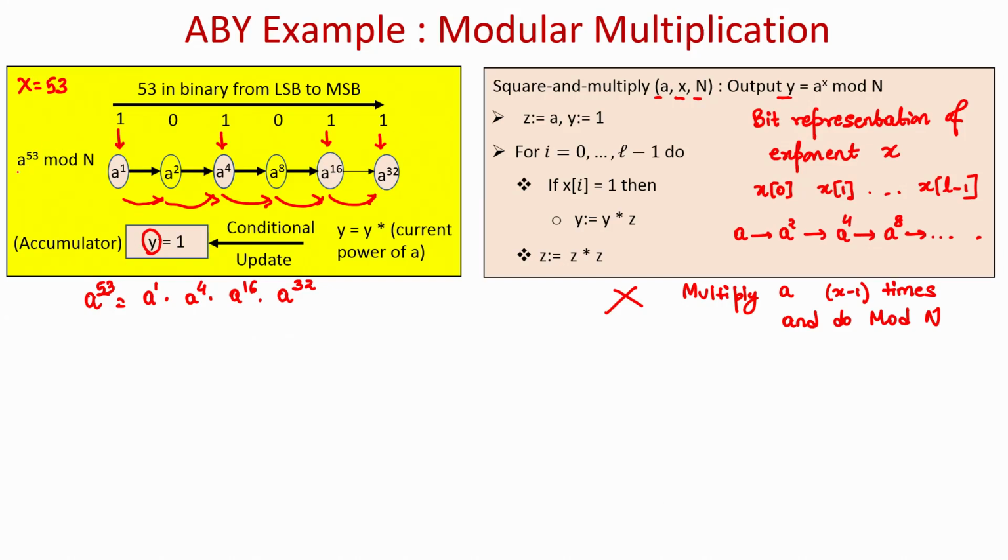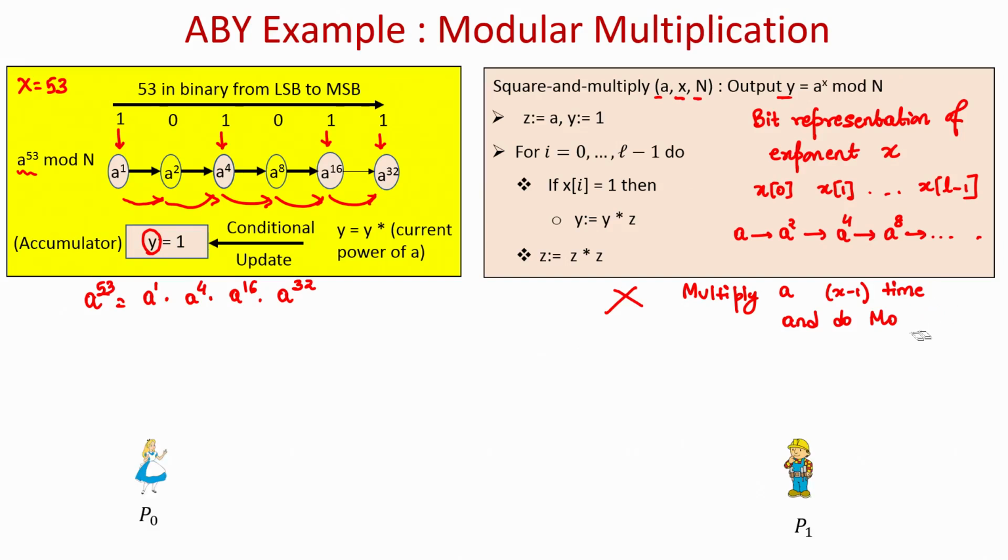One way of computing a power 53 modulo n would be to multiply a with itself 52 times and then take modulo n, but instead we can compute a to the power 53 modulo n by performing just 1, 2, 3, 4, 5, 6, 7, 8, 9 multiplications. Okay. So, we can save an exponential amount of computation here, and that is why this square and multiply trick is a very nice trick to compute a to the power x modulo n.